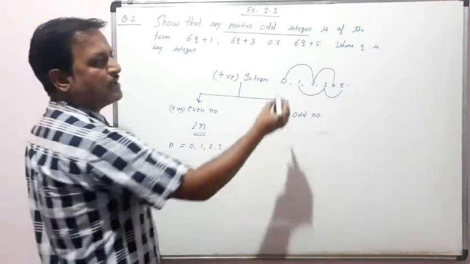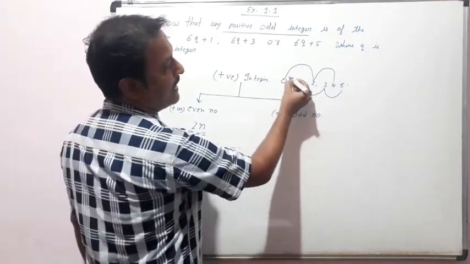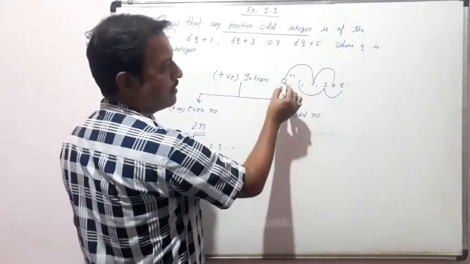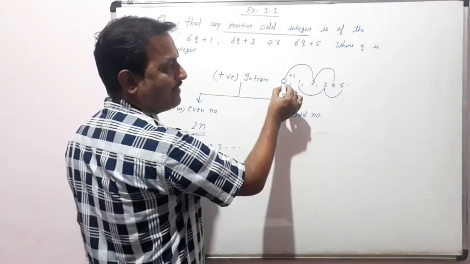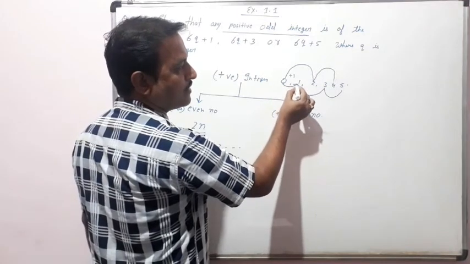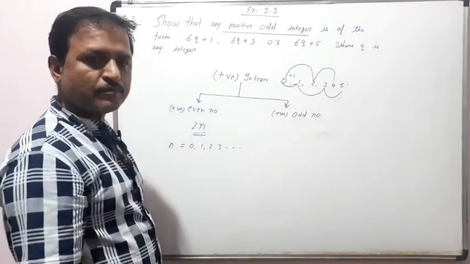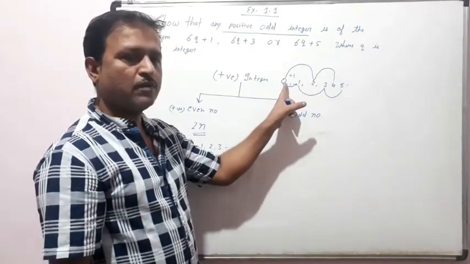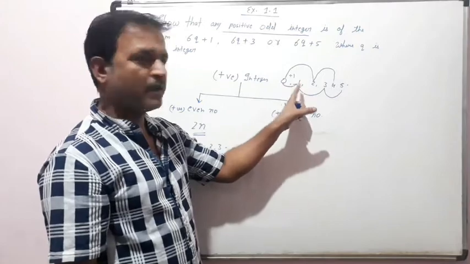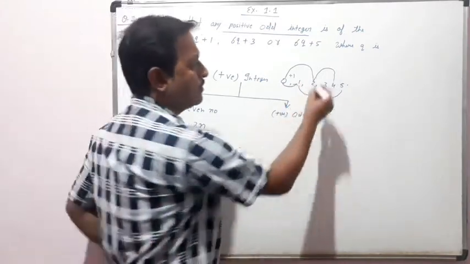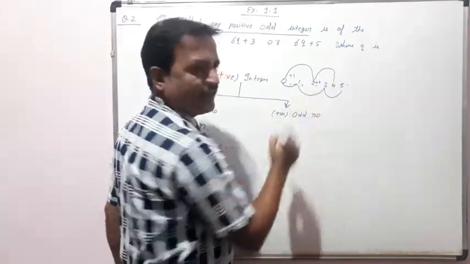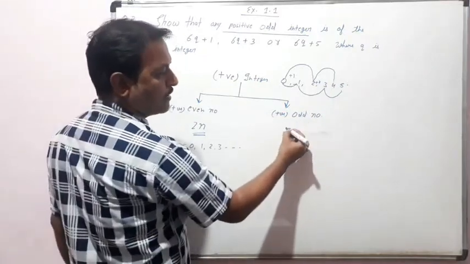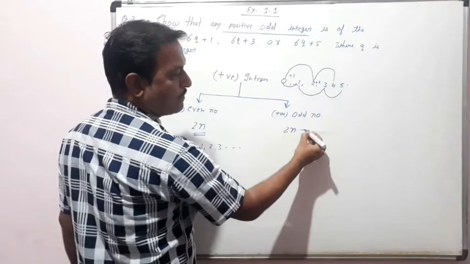Now you can see clearly, if we add 1 in any even number, you get the next one, that is an odd number. Add 1 on 0, you get 1, that is an odd number. Again add 1, you get 3, that is an odd number. That means we have the formula of an odd number as 2n plus 1.